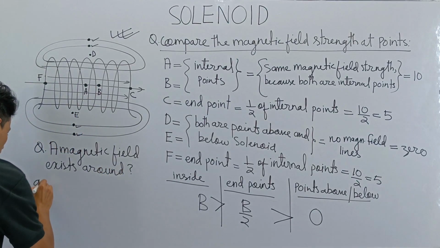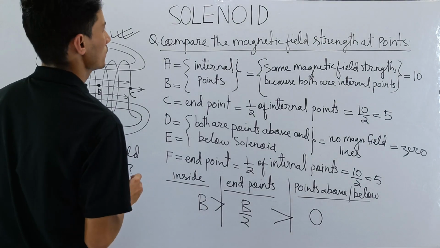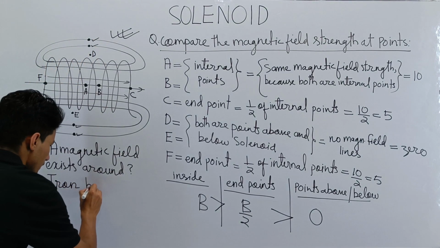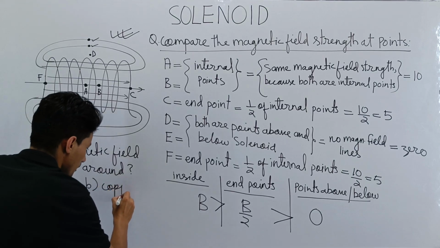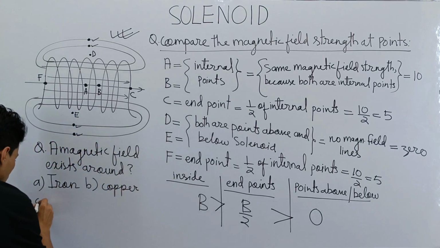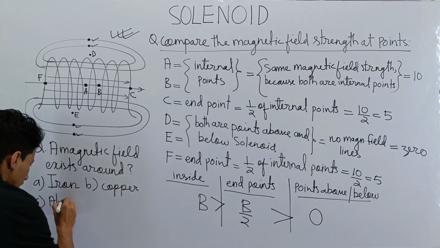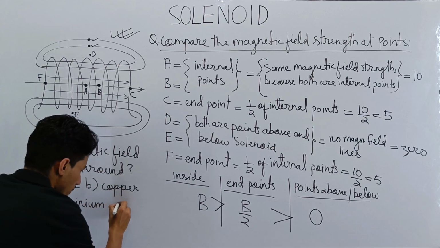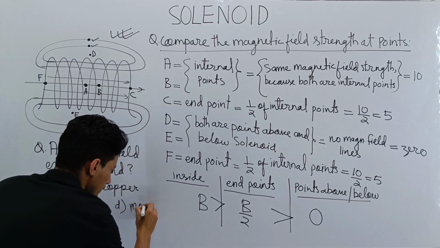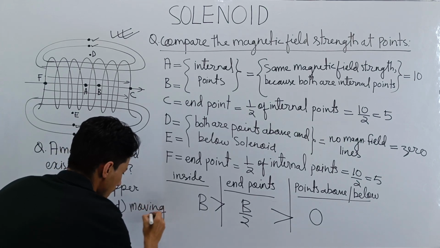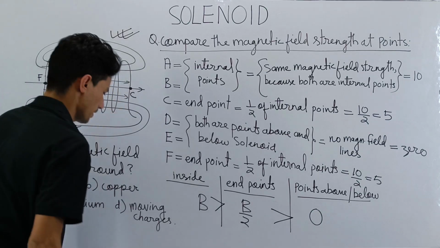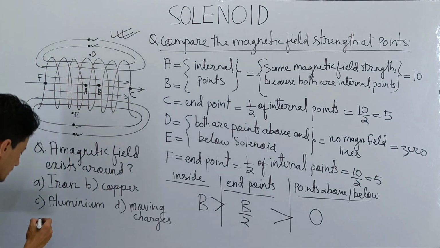The options are iron, copper, aluminium, and moving charges. So this is an MCQ, my dear students.